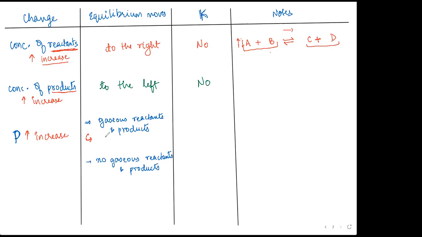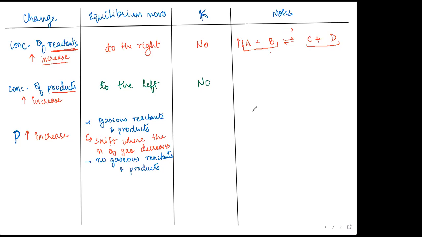One minor technical change I would make to what you mentioned is you need to look at the number of moles of gases. So equilibrium is going to shift where the number of moles of gases decreases.